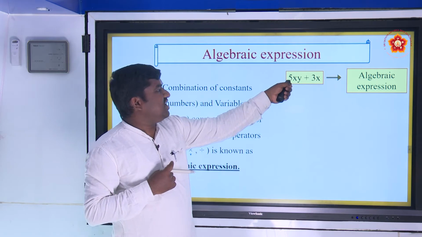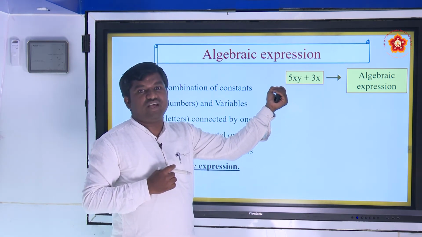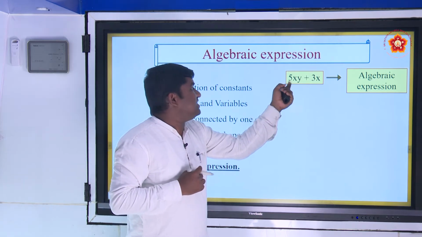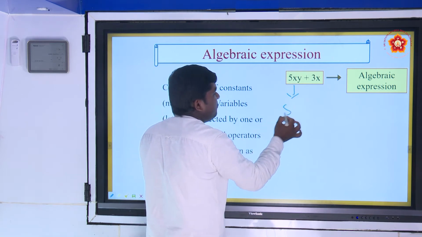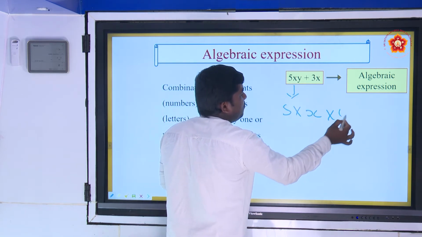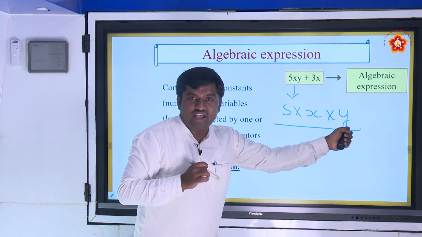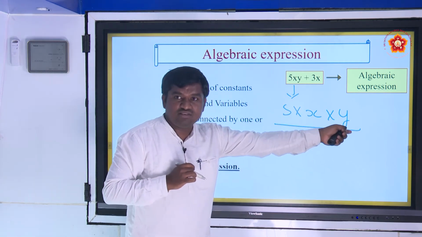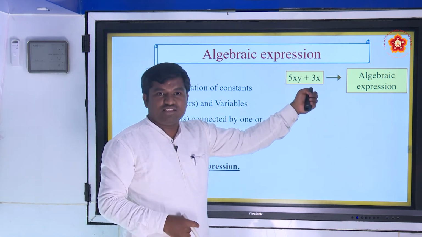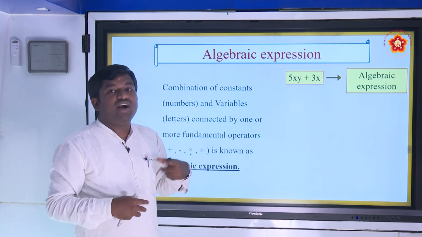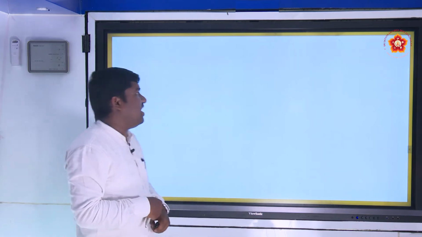Here 5 is constant, x and y are variables, connected by a fundamental operator, that is multiplication. Here 5xy can be written as 5 into x into y. So here constants and variables connected by fundamental operators give an algebraic expression.